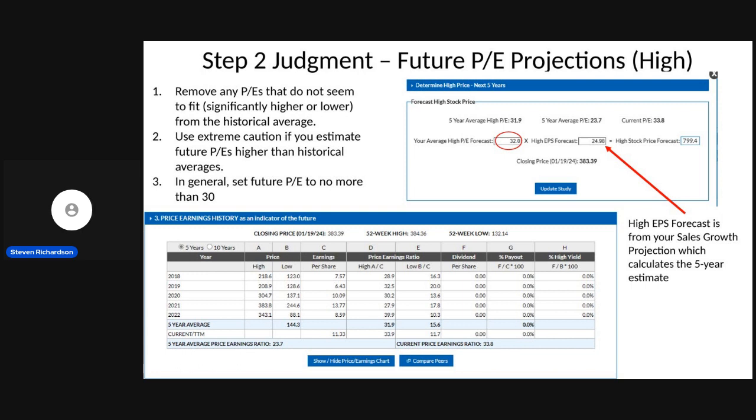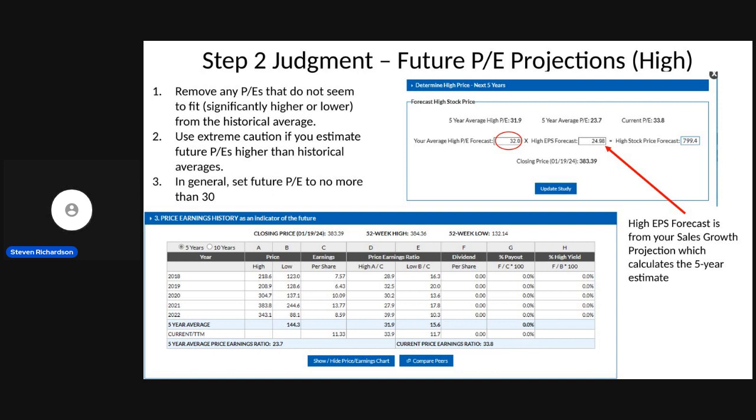And when I clicked on that green box, this popped up for high on the price earnings ratio, and I'm just making a conservative guess that 32 is where the future price earnings ratio is going to be.